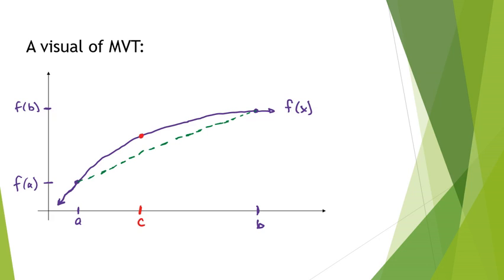So I've drawn a function here. The function is in purple. I labeled a couple points, a comma f of a and b comma f of b. I have drawn a green dashed line between those 2 points.